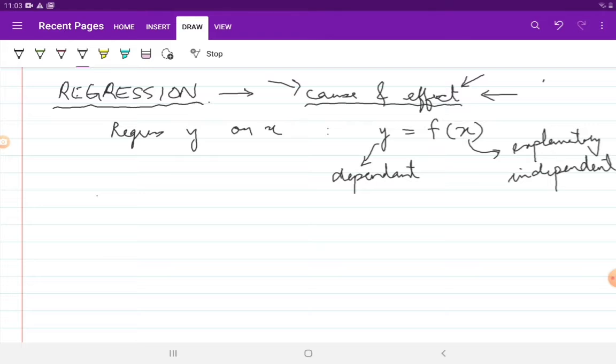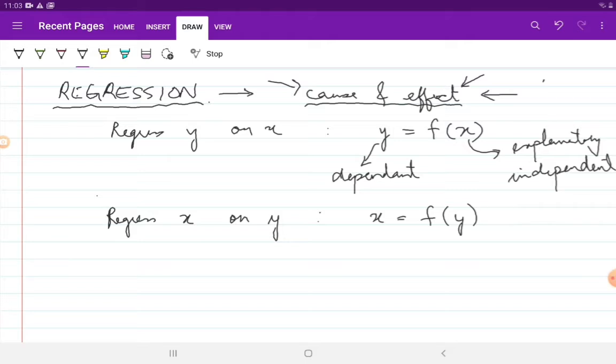Now, the regression can be regressing y on x, or you might even have another possible function. If you have a pair of variables x and y, you could regress x on y. So regressing x on y means variations in x are being explained by variations in y.